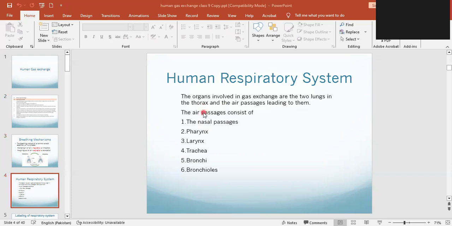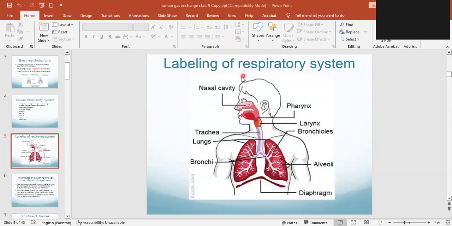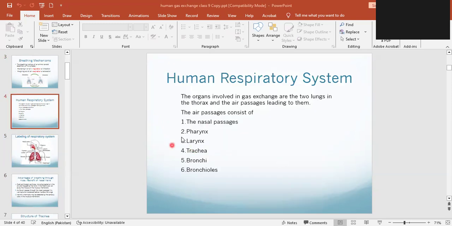This is the pathway of the air through the respiratory system, the sequence of how the air flows and how it reaches the alveoli. First it goes to the nasal passage, then to the pharynx. We have discussed the pharynx in human nutrition.